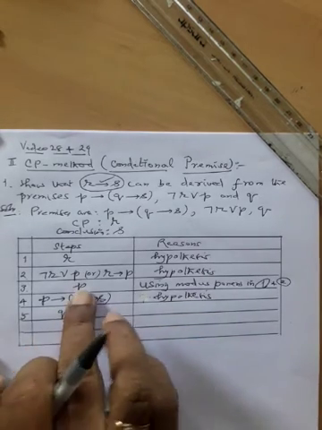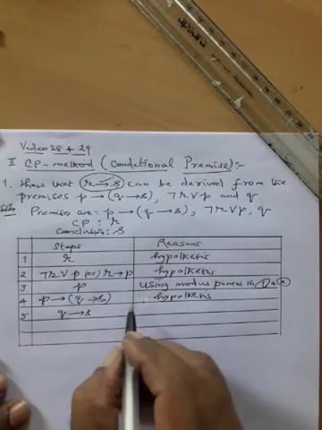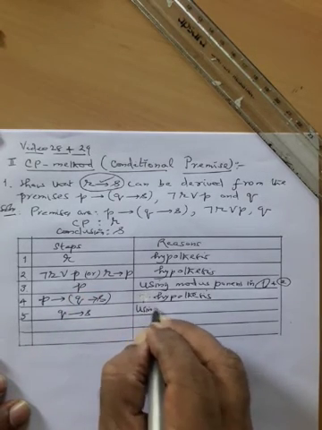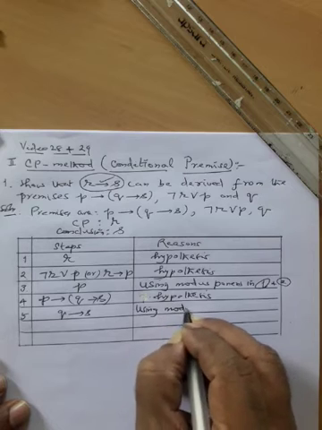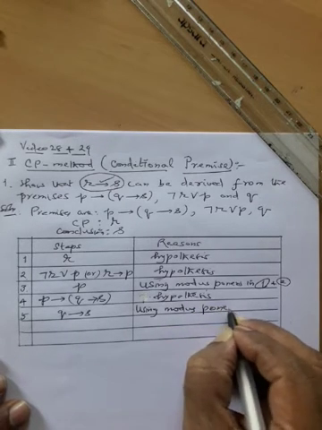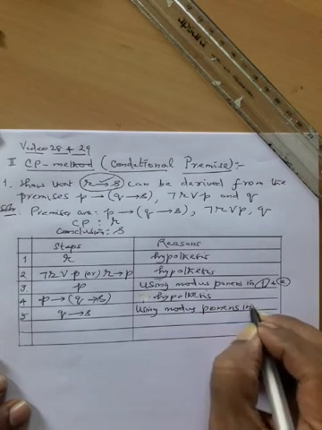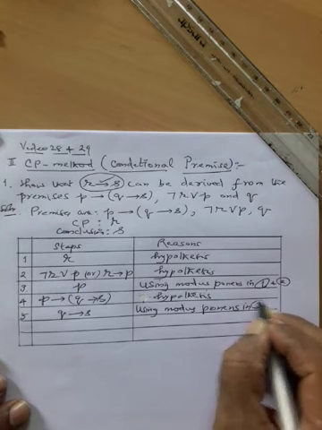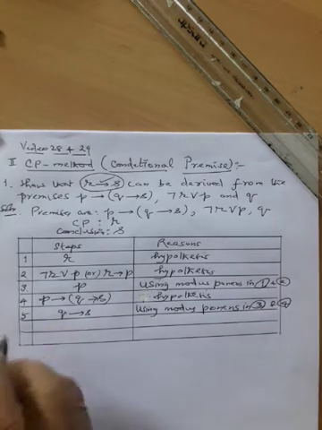P is there, P conditional Q is there, so Q. The reason being using modus ponens in 3 and 4, you will get Q conditional S.